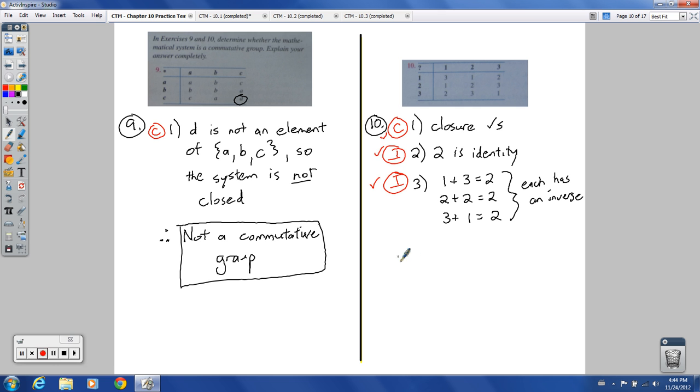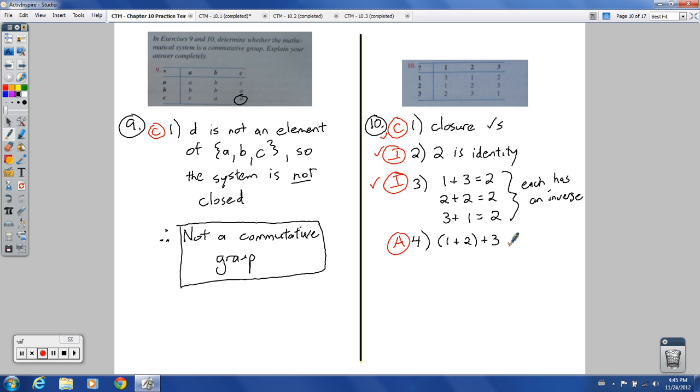Right, so let's see, step 4, the associative property. Does the associative property hold in each case? So you notice in this one it does not say we can assume that the associative property holds. Therefore we've got a little bit more work to do than we normally do with one of these. So let's check and see. Let's start with 1 plus 2 plus 3.